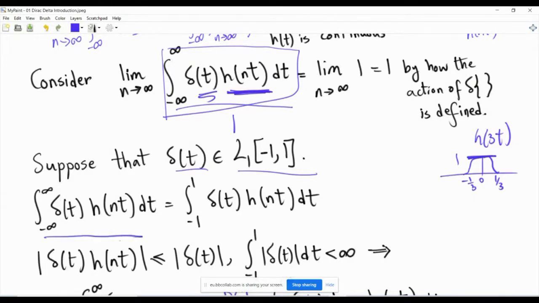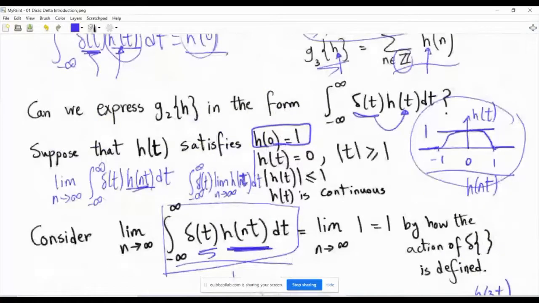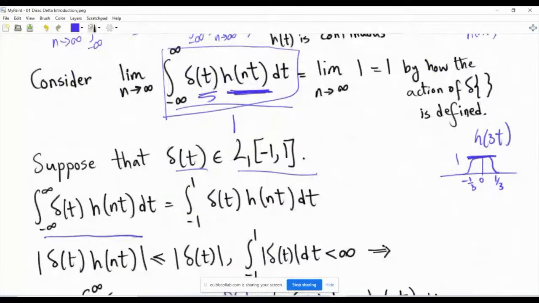Our integral here, because h of nt, again by design, is equal to 0 once you go outside the range from -1 to 1, and h of nt is a time-compressed version of h of t, then we know that h of t or h of 2t and so on are identically 0 outside the range from -1 to 1. So we can have our integral from -1 to 1.